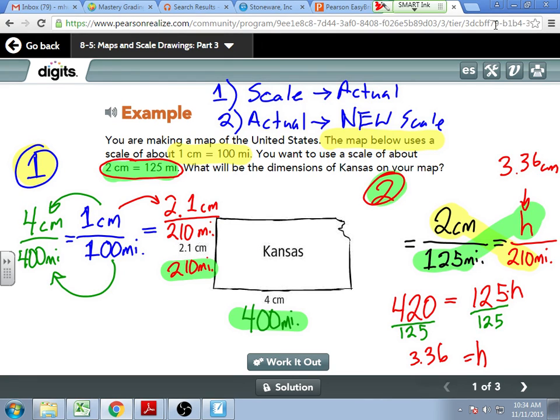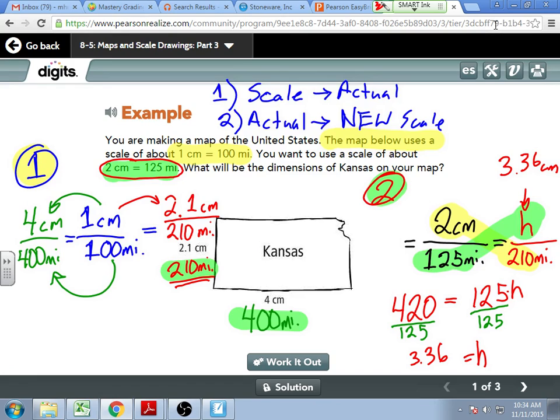Here's the issue though. When you find the unit rate of miles per centimeter, we now have to use the miles value. So we would still set up a proportion or just do the division of 210 divided by 62.5. And if you do, it should work out the same. 210 divided by 62.5 is 3.36. It's exactly the same value.